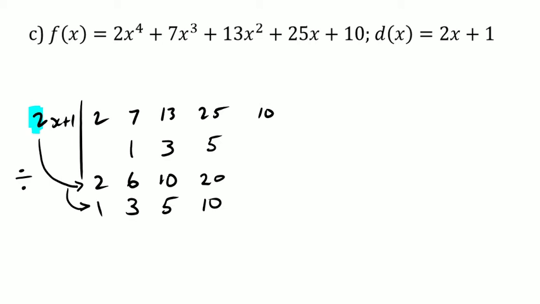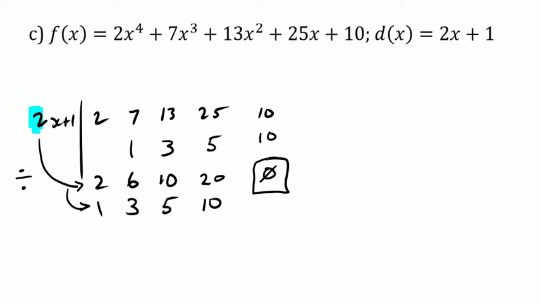Yeah, so it's not x plus 1, it's 2x plus 1. So it turns out that makes a fairly big difference in synthetic division. If you were doing long division, it wouldn't really make a difference. You'd have to be dividing by 2x, but you just do that naturally. Whereas in synthetic division, we have to add a step to figure it out.